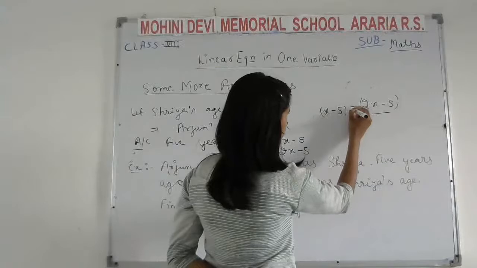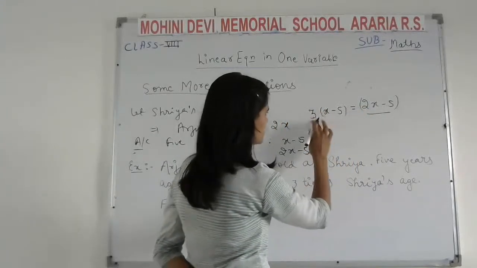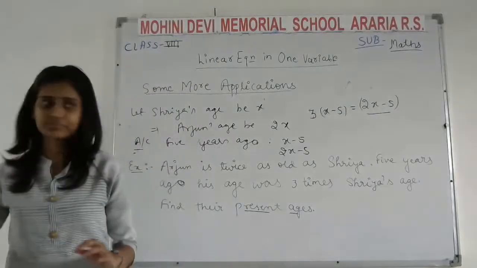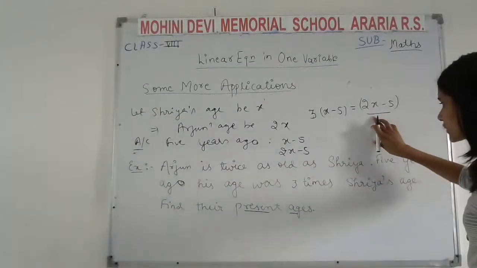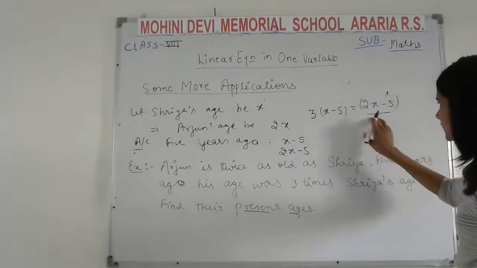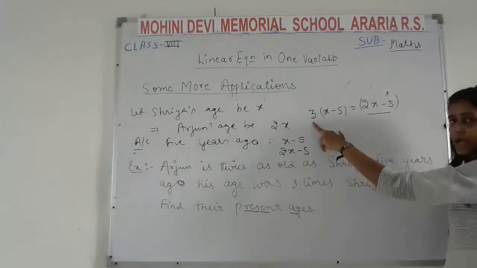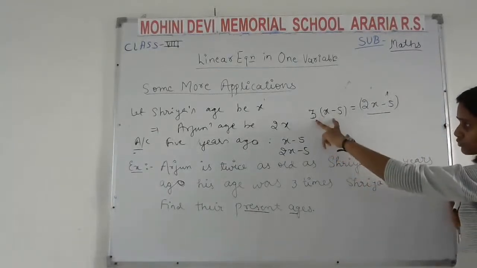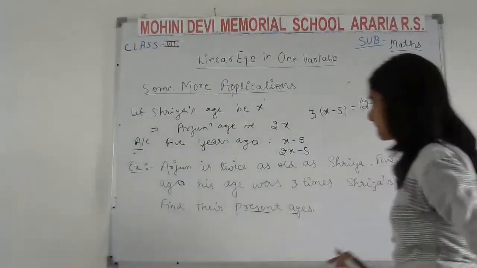For equating both terms, I multiply 3 with x minus 5. Why do I do so? Arjun's age 5 years back was 3 times Shriya's age. So for equalizing both terms, I multiply 3 here: 3 times Shriya's age is equal to Arjun's age.